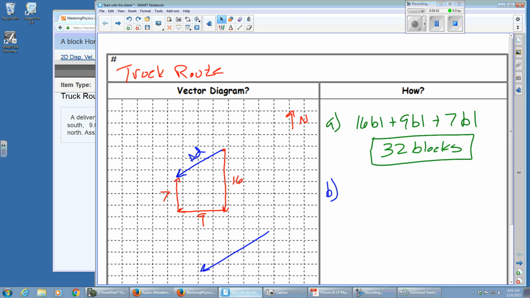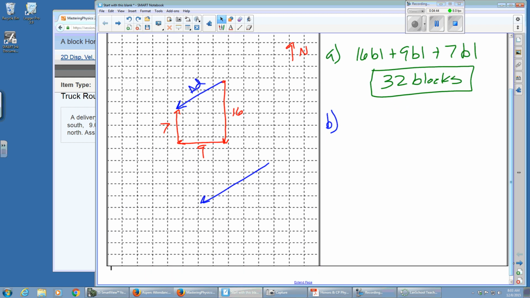Let me scroll. There we go. And this is the same blue vector. It's going to have components, an east-west component and a north-south component. The east-west component is going to be 9. I can get that by just seeing it's going to be the same width as my only westerly movement.